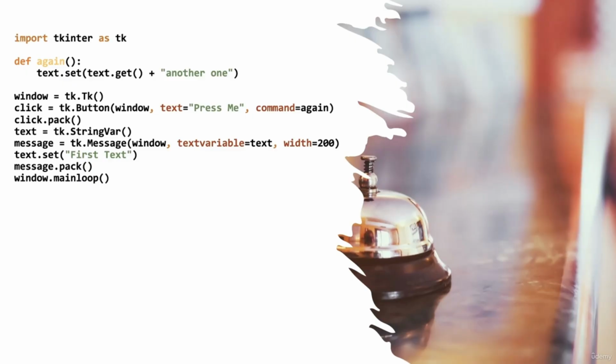Next, we will apply the set method on our observable and place the following string data type as an argument, which will be displayed by our message widget. Next, we will pack the message widget and run the code with the mainloop method.